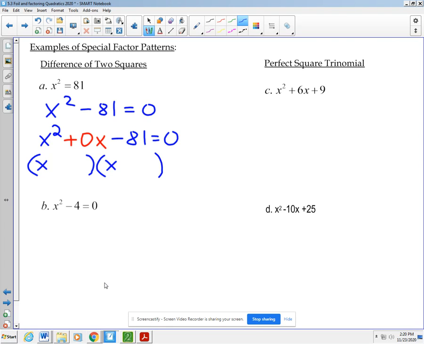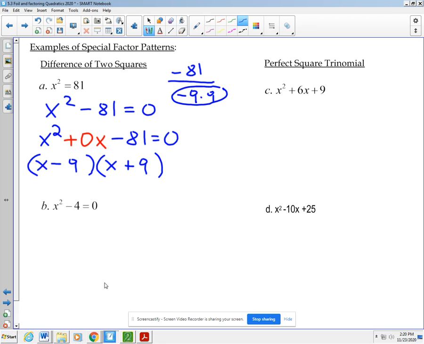It will be -9 times 9. Why this pair? -9 times 9 is -81, but most importantly, -9 plus 9 is equal to 0. That's why the answer is x minus 9, x plus 9.